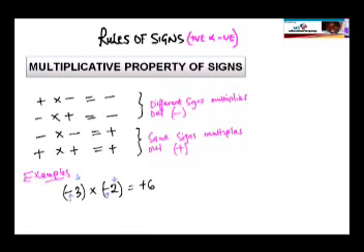So if I'm having another question like plus 3 times minus 4, what this will give is first and foremost, the signs multiply themselves. You have minus 12 as your answer. So minus 12 is the answer for that one.